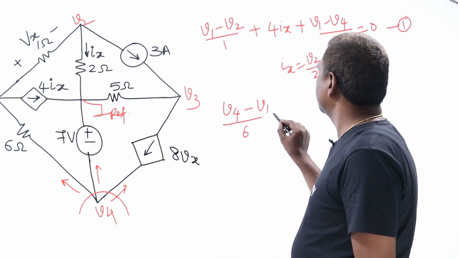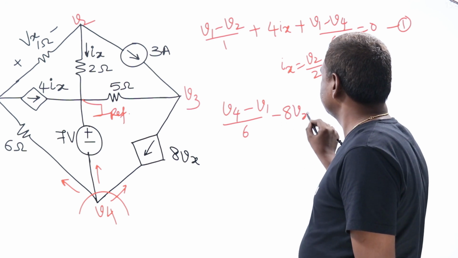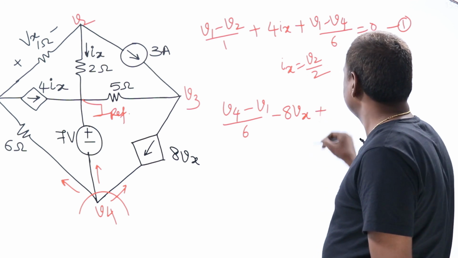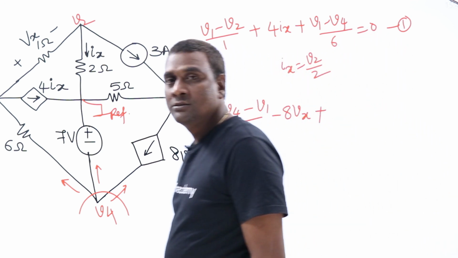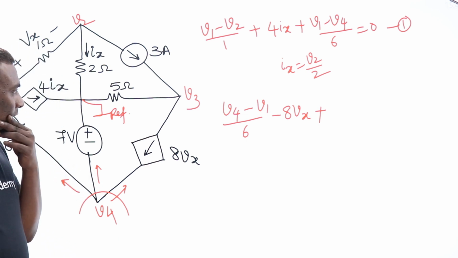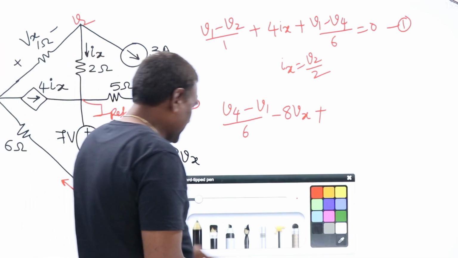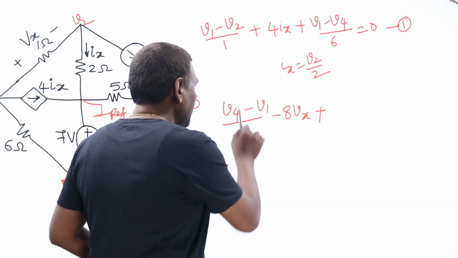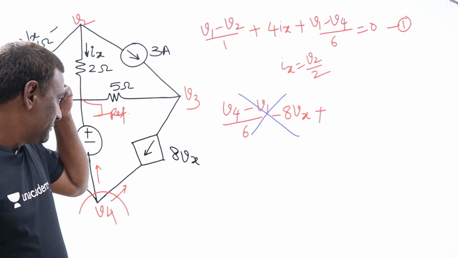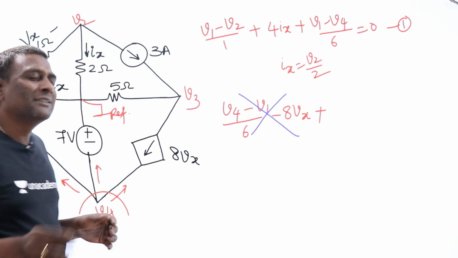Current leaving through this is minus 8Vx. And current leaving through this is how much? We don't know, because it's a voltage source. Fundamentally, we need not write this, because we cannot complete it.